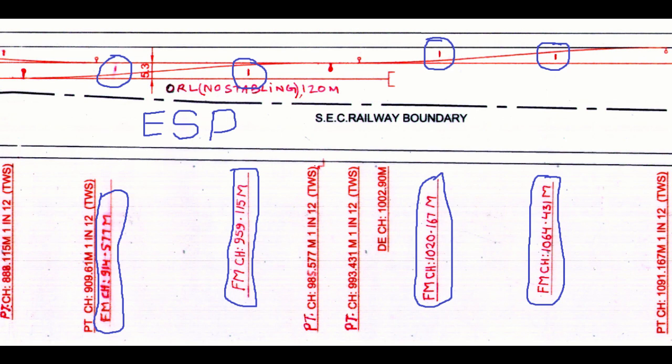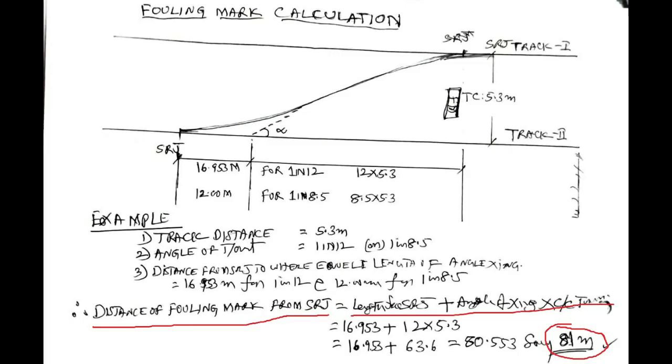In the approved ESP, the drawings have the calculation and reference of center to center of track and angle of points and crossing connected with adjacent tracks. The distance of FM from SRJ is the length from SRJ to the crossing angle point plus track center into angle of crossing.